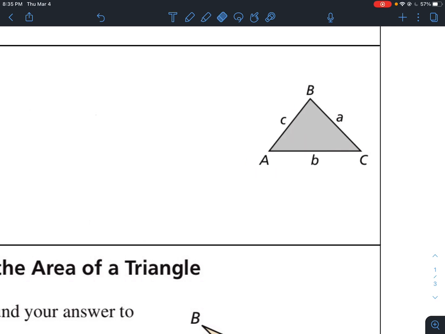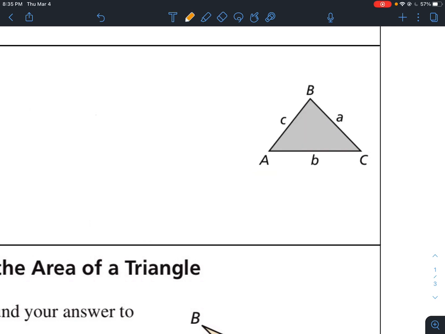Side C is the side opposite from angle C. Side B is the side opposite from angle B. So if you use these two sides, then you have to use the angle that you're not using the opposite side from.